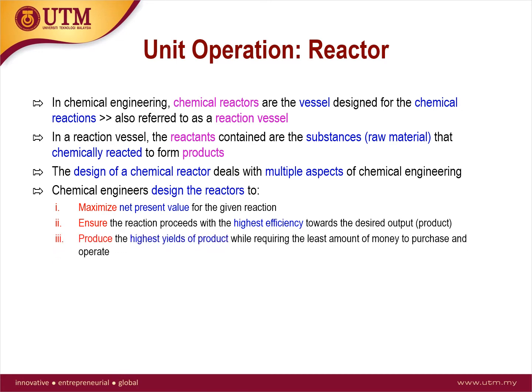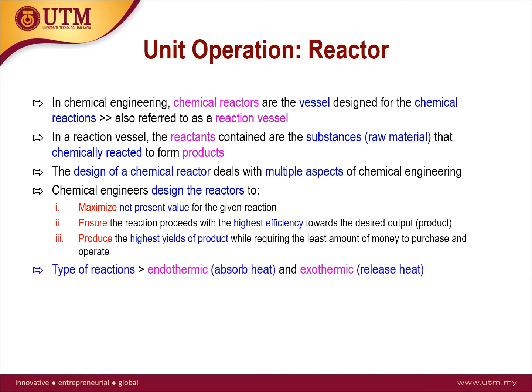Finally, you also need to consider producing the highest yield of product while requiring the least amount of money to purchase and operate. So the highest yield of product comes first, followed by other components such as energy, or the allocation of money needed for purchasing the equipment or maintaining the operations.